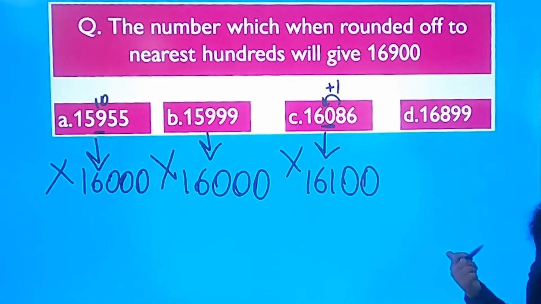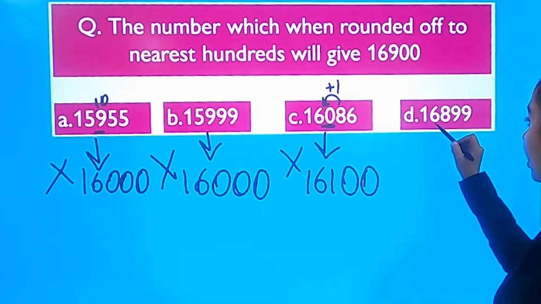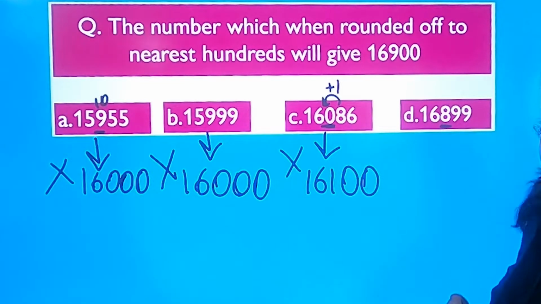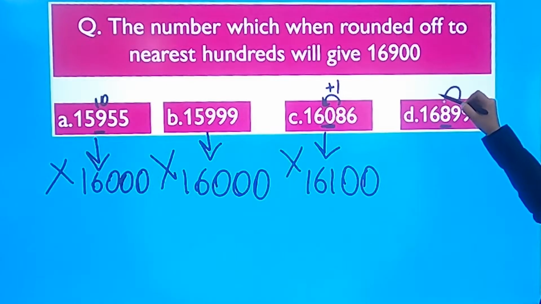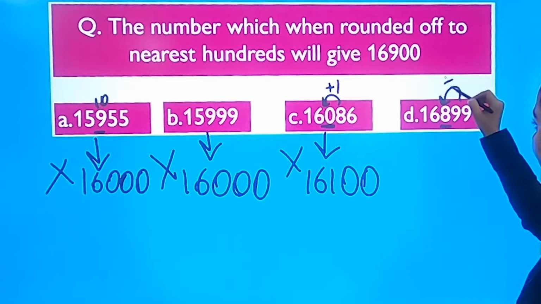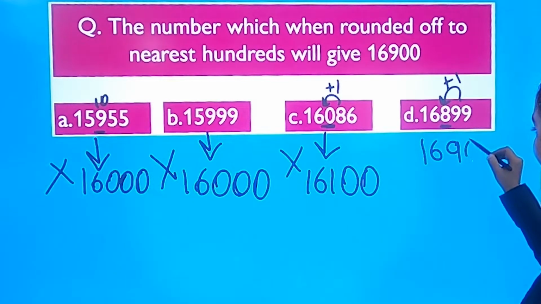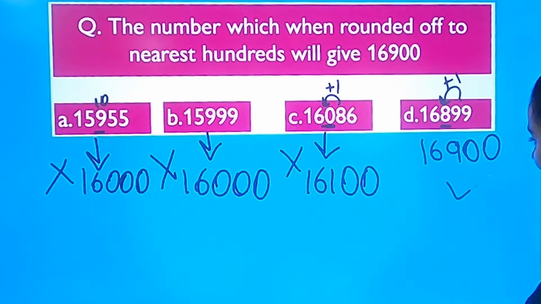So I'm sure this must be the right option, but it's always better to check. This is 8 and this will become 9 because 9 is bigger than 4. This is plus 1. So this will be 16,900. This is our right option.